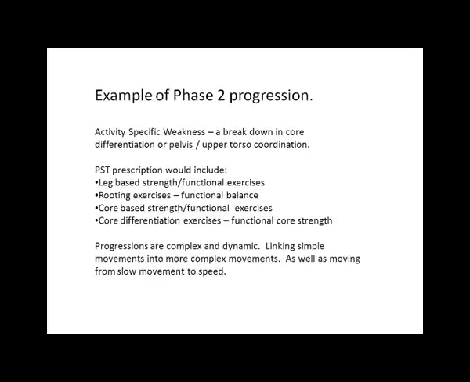We also move from slow movements and more foundational learning type patterns into faster movement. So we start to move from slow into some speed. We're not necessarily looking to develop power yet, but we want to start moving at higher speeds and link small units of movement into more complex movements as we do that. So the progressions over the course of that 4 to 6 weeks are going to be more complex and more dynamic.